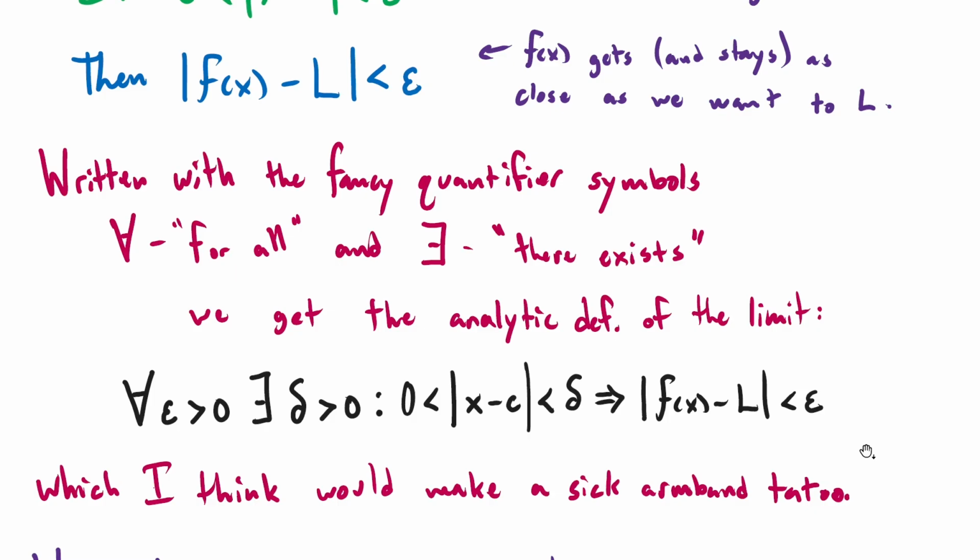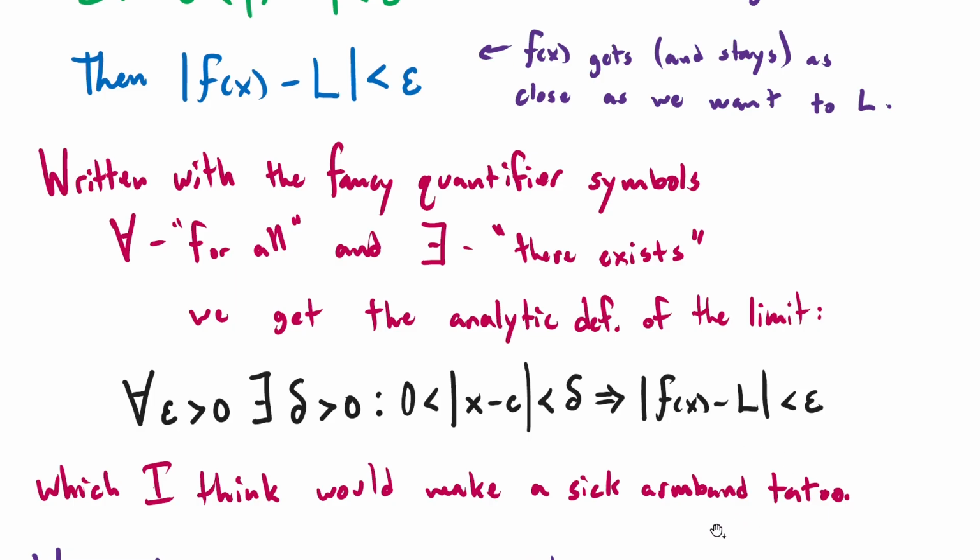This is sometimes called the analytic definition of the limit, and it says that for every epsilon greater than 0, that is to say, for any tiny number bigger than 0 you could conceive of, then there exists a tiny number greater than 0, such that if x is that close to c, then f of x is that close to L. Then to say it all at once, we have, for every epsilon greater than 0, there exists a delta greater than 0, such that if the magnitude of x minus c is between 0 and delta, then the magnitude of f of x minus L is less than epsilon.